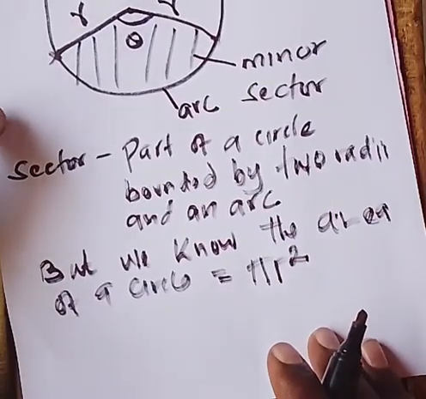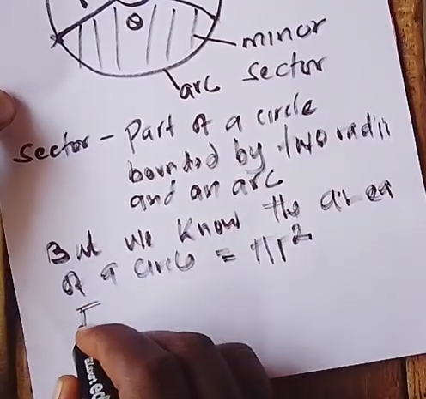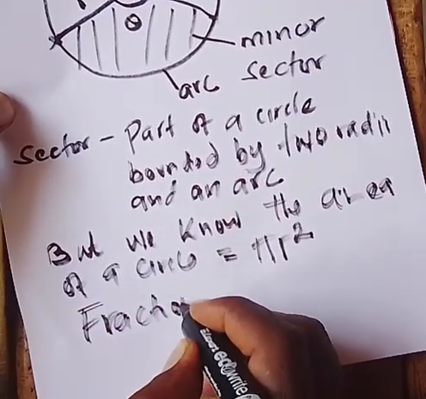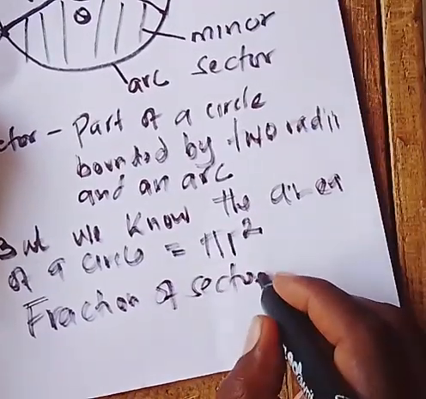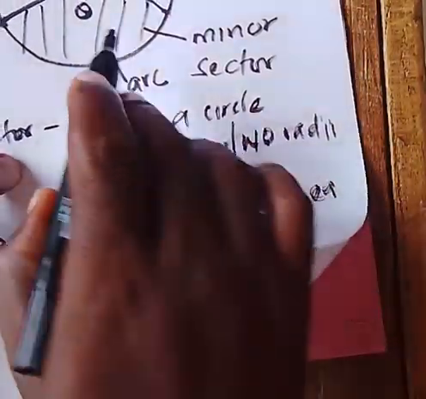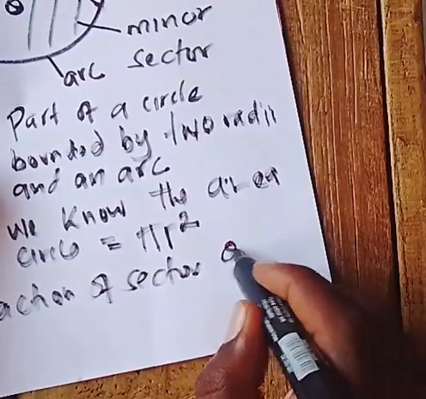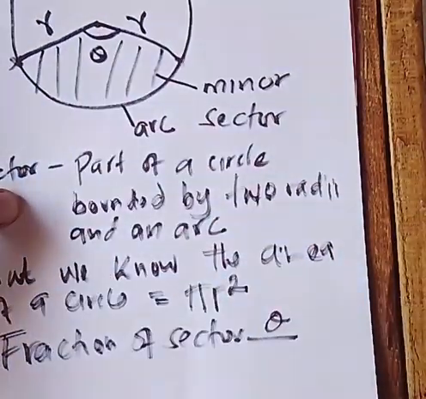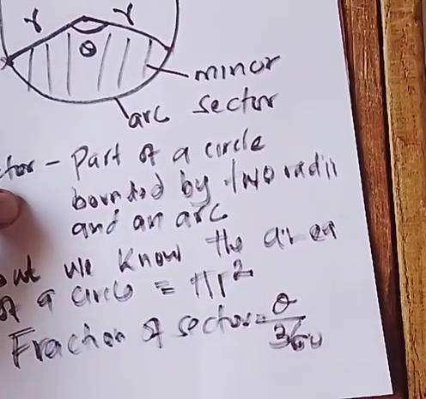If it is given by pi r squared, then the fraction of the sector will be given by the angle subtended at the center, which is theta, over the total angles at a point, which is 360.